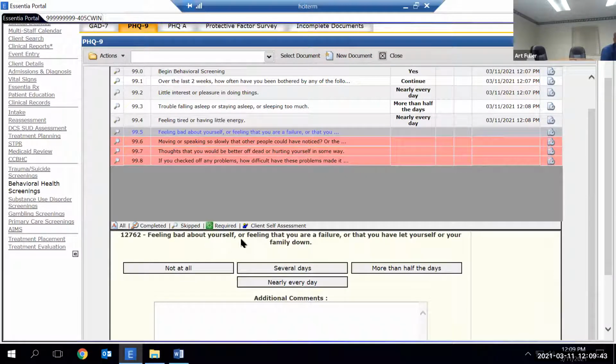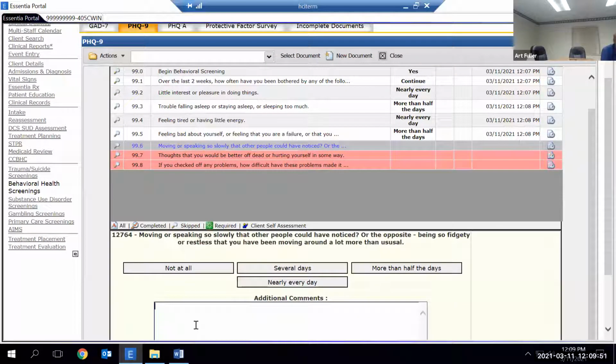Is he feeling bad about himself or feeling that he's a failure or that he's let himself down? More than half. And you can also write additional comments, obviously, in this area if you need to. Is he moving or speaking so slowly that other people would have noticed, or is he being so fidgety and restless?